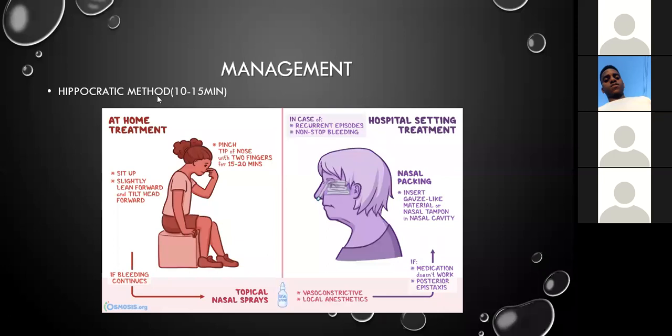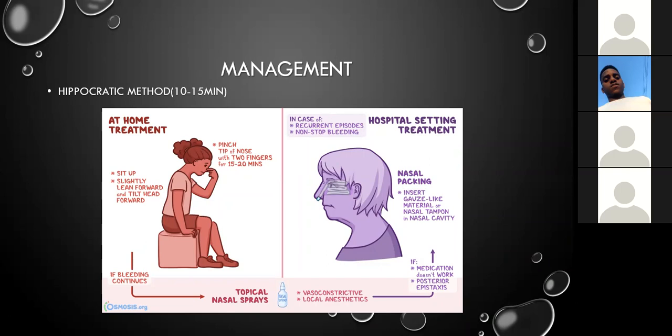And this is basically for the patient to sit up, then lean slightly forward, and tilt the head forward and pinch the alae nasi. These are basically the sides of the nose, so that they can occlude the nasal cavity and compress the part of the septum that has the bleeding.